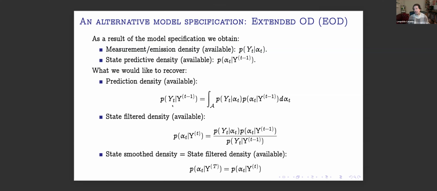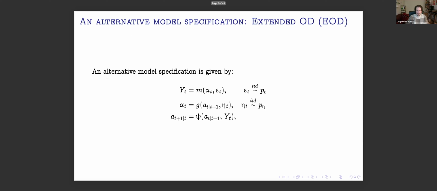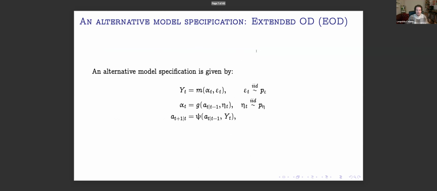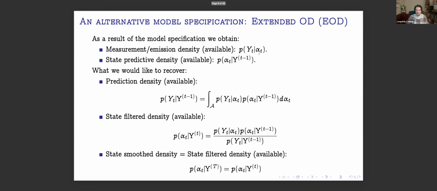Now, if we write down a model in this way as an extended observation-driven specification, then the measurement or emission density is again available immediately. Because we condition on alpha t, we know the law of epsilon t, m is a deterministic function, so y t given alpha t is immediately available. And the state predictive density is also immediately available.